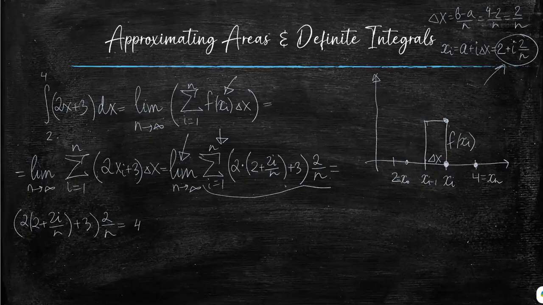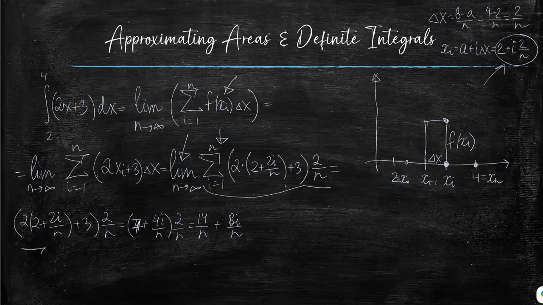So we have 4 plus 4i over n plus 3, so that's 7 plus 4i over n, times 2 over n. So we have 14 over n plus 8i over n squared. That's what's inside of my sigma.